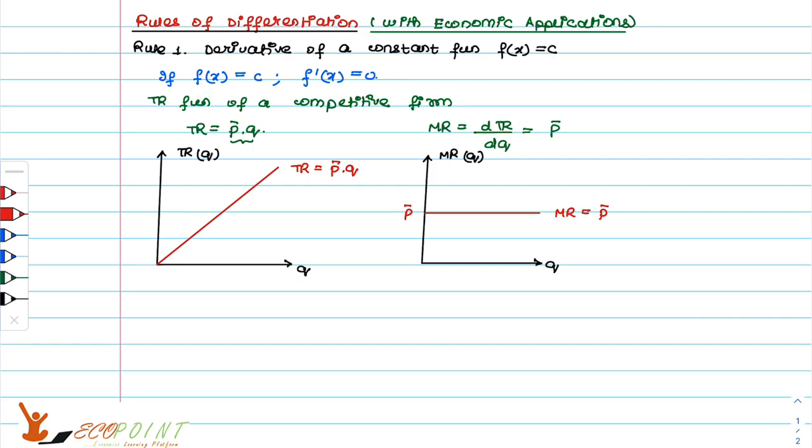As you could see, this MR function is a constant function. So dMR by dQ is 0. So that was the first rule.